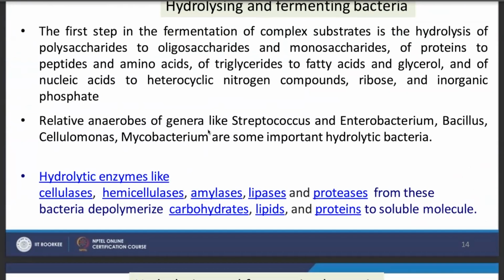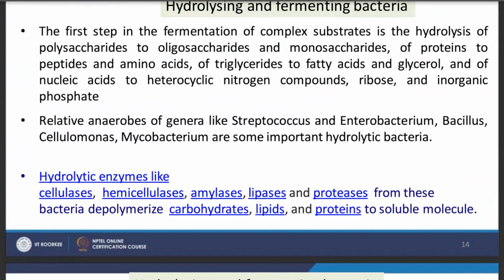Next, hydrolytic enzymes. As I mentioned, you can either use the microbe directly, or you can use the enzymes extracted from these microbes. So we know the microorganisms involved in the hydrolytic step are Streptococcus, Enterobacterium, Bacillus, Mycobacterium, right?